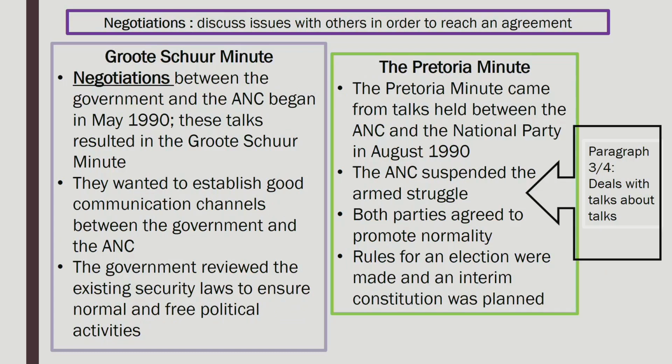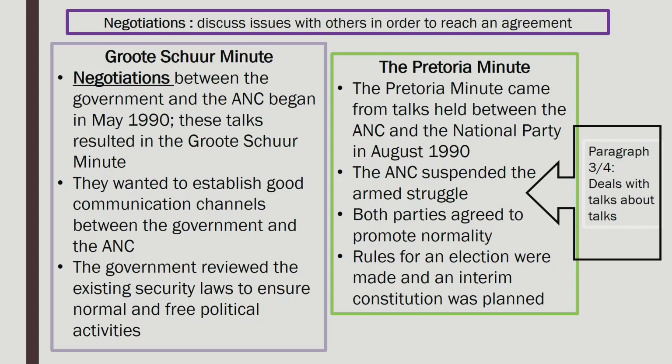It's at that point in time that South Africans need to start preparing for negotiations. I've put in a bullet over there to help us understand that negotiations relate to discussing issues that might stand in our way in order for us to reach an agreement. And so when we have negotiations, we discuss, and ultimately the parties will reach a point where they are willing to compromise in order to reach that agreement.